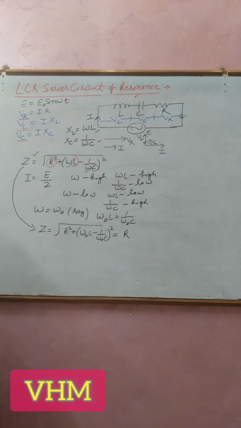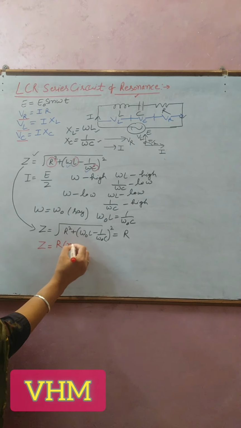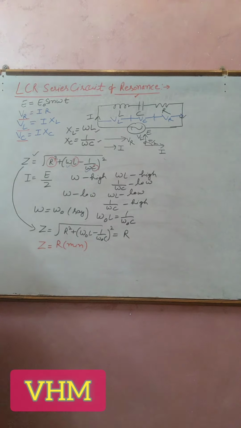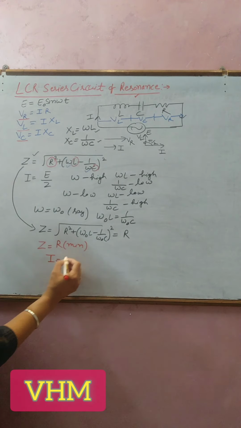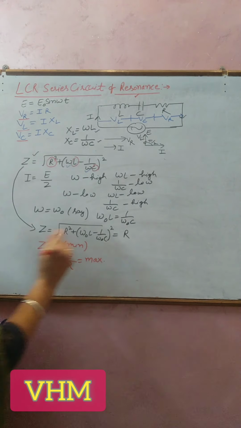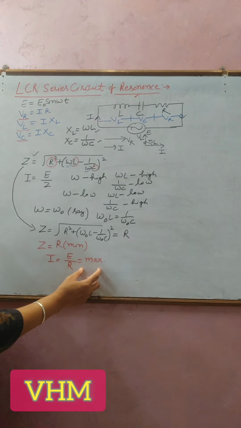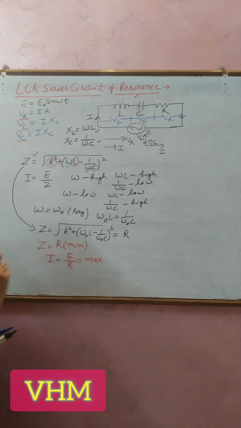So the impedance becomes minimum, equal to only the resistance R, when the LCR circuit is at resonance, and when it becomes minimum, automatically the current becomes maximum. So the LCR series circuit at resonance gives the maximum current and the impedance is minimum, equal to the resistance.